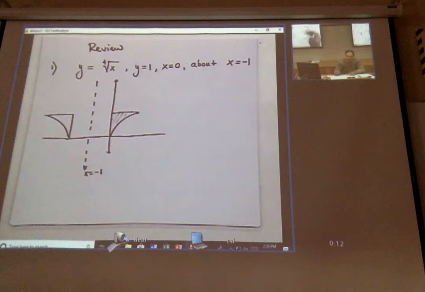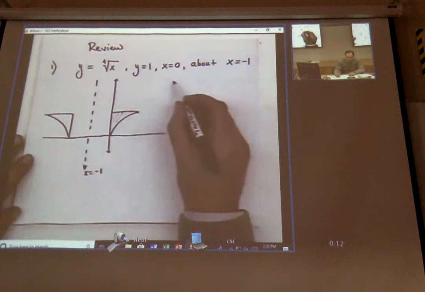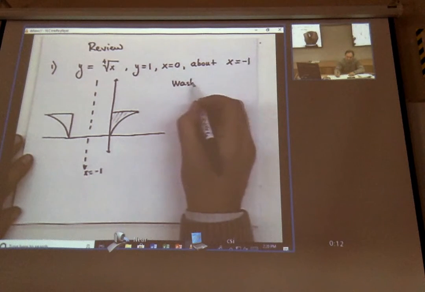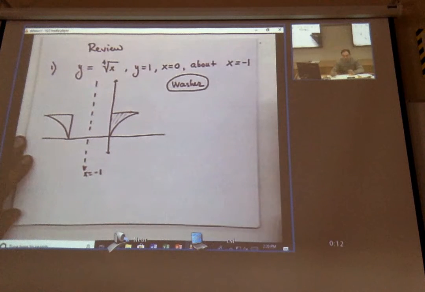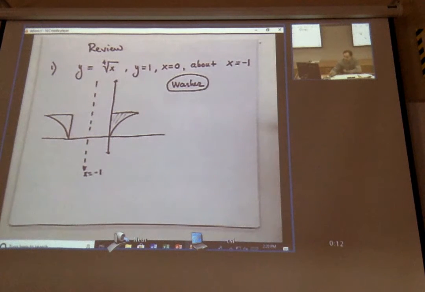Okay. So if we go with washer, remember I told you that's what you have to do on the exam. You have to tell me the method. And then the next thing we have to determine is if it's dx or dy. What do you think? This is dy.